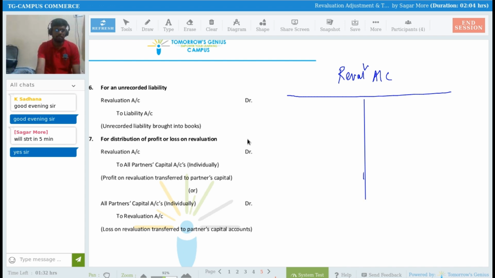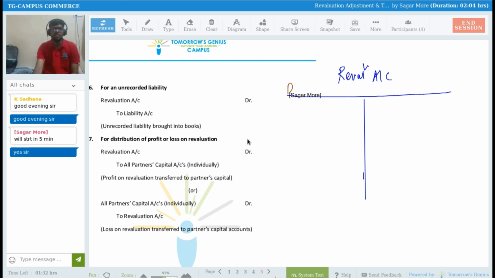For example, in the same case, I bought 10,000 rupees of material on a credit basis from Parsarthi, right? So it means I'm supposed to pay him 10,000 rupees, but this transaction I haven't recorded in the books of accounts. But today I have realized that, sir, I have not recorded this purchase of 10,000 rupees of material from Parsarthi in the books of accounts. So it means I am supposed to pay 10,000 rupees to Parsarthi. So my overall liability will increase, right?